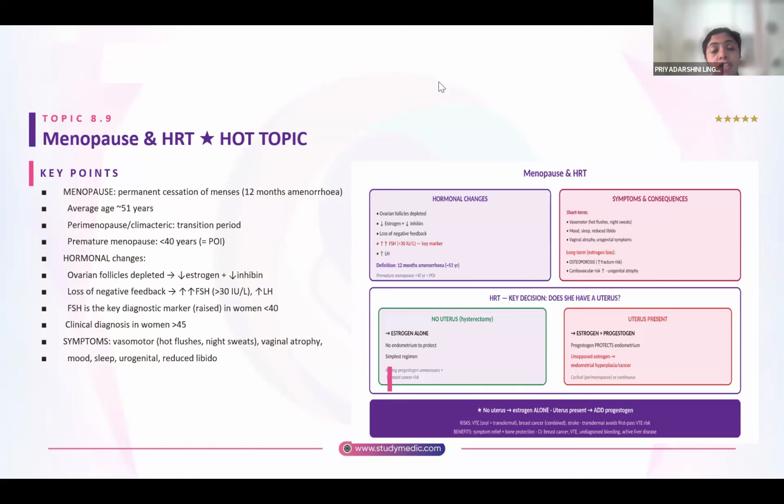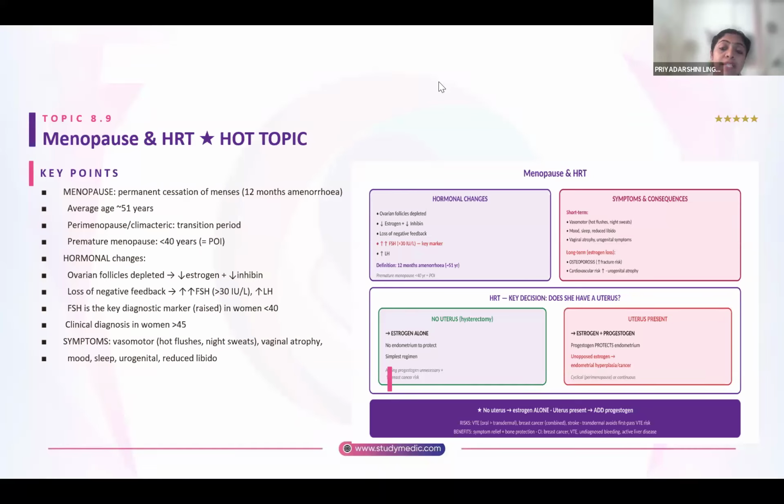These women are at risk of fracture. Hence, you have to look at their DEXA score and keep them on treatment for osteoporosis. Second most common thing to keep in mind is the loss of the protective cardiovascular effect of estrogen. So the cardiovascular risk increases in these women. Apart from the reproductive system, these are the other two main things that any menopausal woman can have.